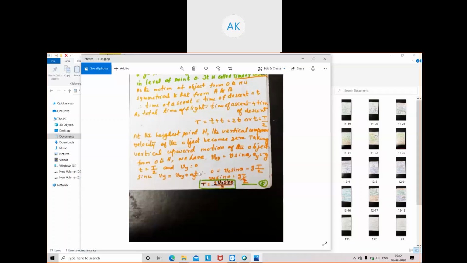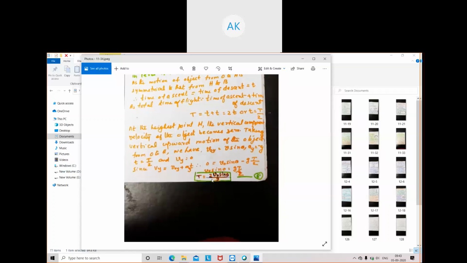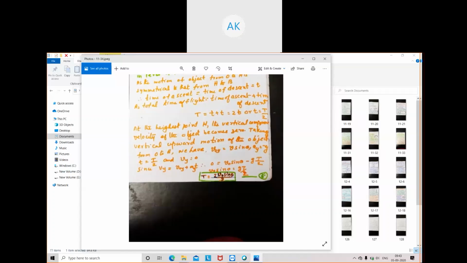We are going to find the expression for capital T, that's why we take capital T by 2 here. Small t equal to capital T by 2 is substituted here, then we get the expression for time of flight. Then time of ascent is half of that. If you put by 2 here, the 2 gets cancelled, and we get V0 sin theta by g.